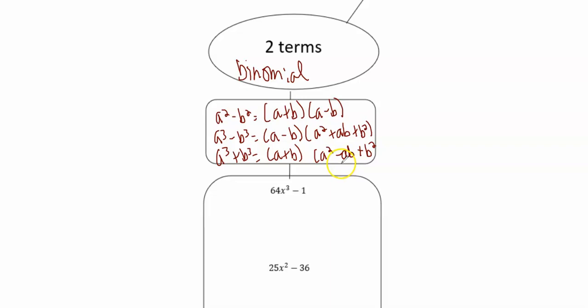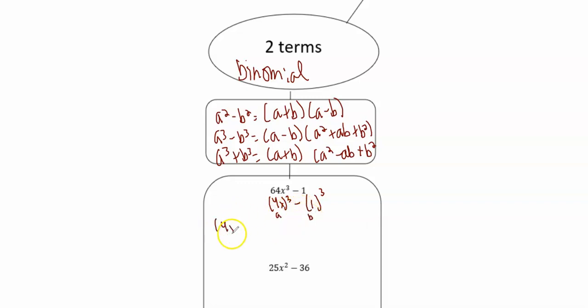So if I look at this first one, we see that I have subtraction, and I'm looking to see if this is difference of squares or difference of cubes. This looks like it's difference of cubes. So I have a 4x and 1. So that's my a and b.